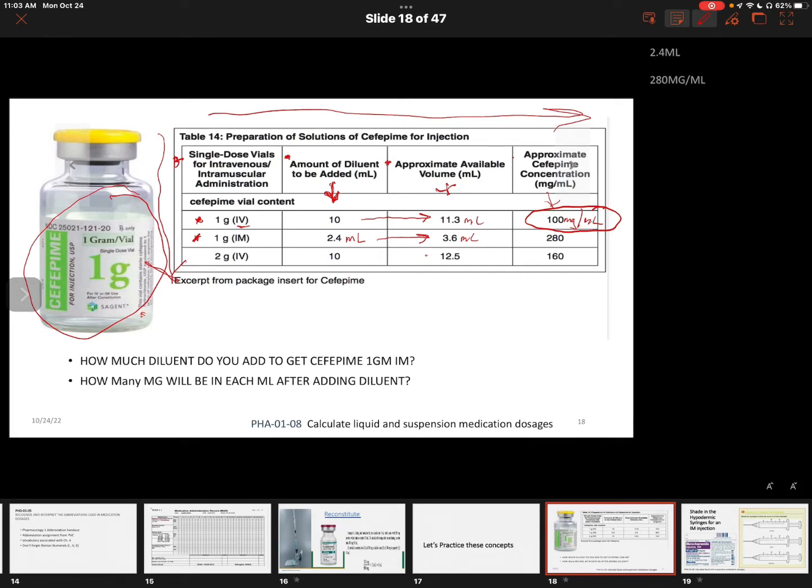But over here, the last box says that there will be 280 milligrams per milliliter. So this is what I would use to set up my problem. The next one talks about 2 grams IV. This right here is 1 gram, so this really doesn't apply.